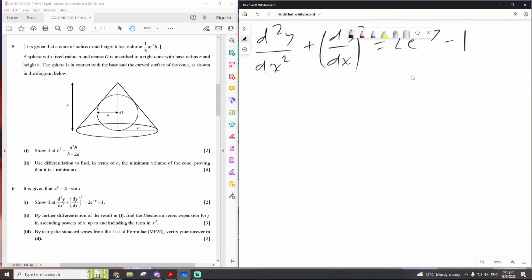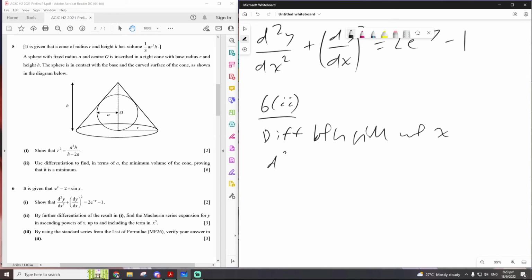By further differentiation of this result, find the Maclaurin series. Okay, for this, we're going to need to find d³y/dx³. So once again, differentiate both sides with respect to x, and let's see what we get.